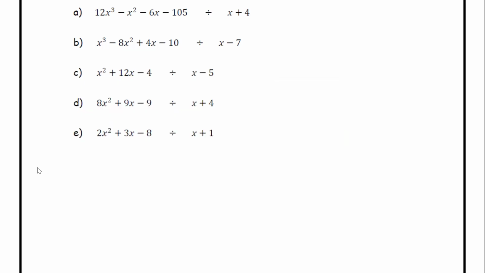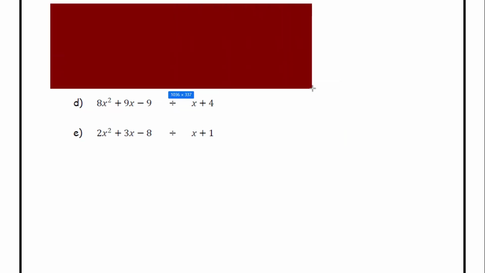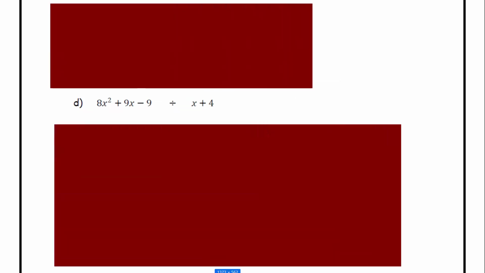D. So I got 4, and then I got 8 and 9 and negative 9, and bring down 8. So 4 times 8 is 32.